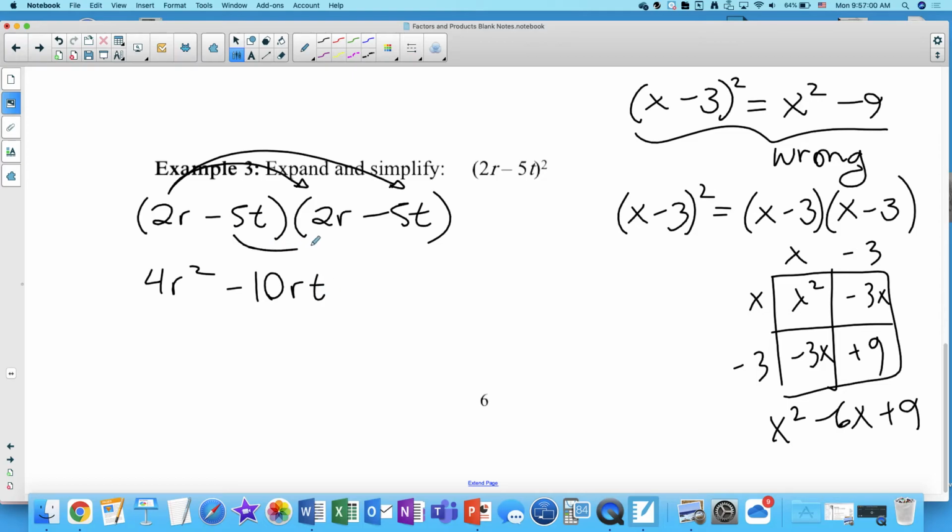You could write that as TR as well, but remember RT and TR are the same term because they have the same variables and the same exponents on each term. And then negative 5t times negative 5t plus 25t squared. So this becomes 4r squared minus 20RT plus 25t squared.